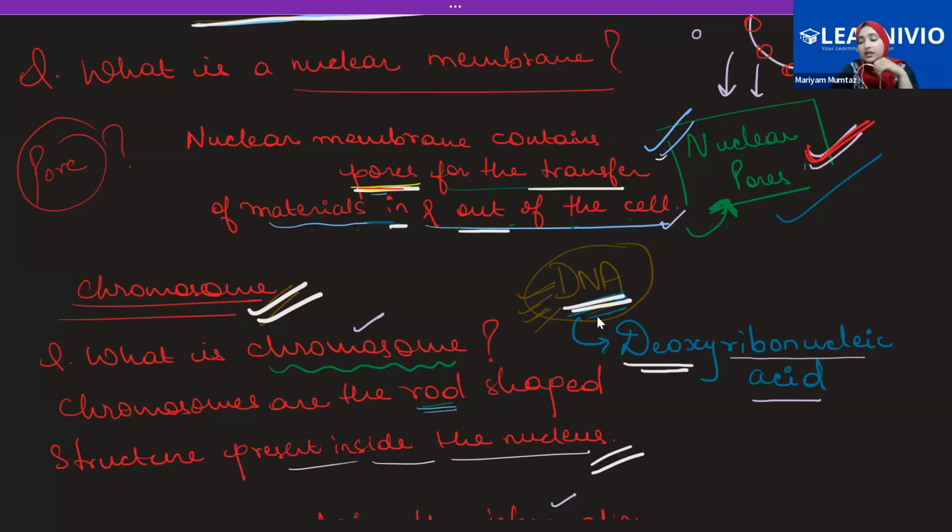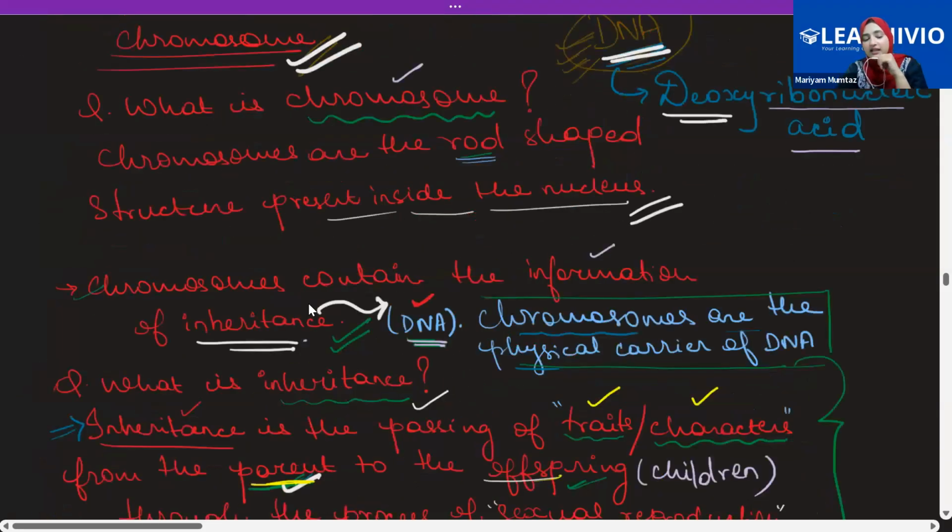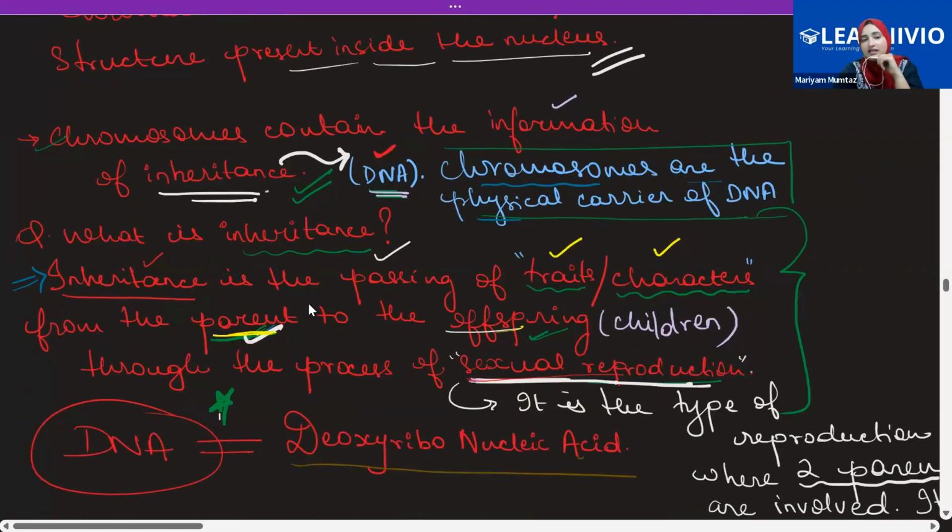When we talk about the DNA, we have to talk about a thing called a chromosome. What is a chromosome? If you look at the microscopic image inside the nucleus, you will find rod shaped structures. These rod shaped structures are called chromosomes. The chromosomes contain the information of inheritance.